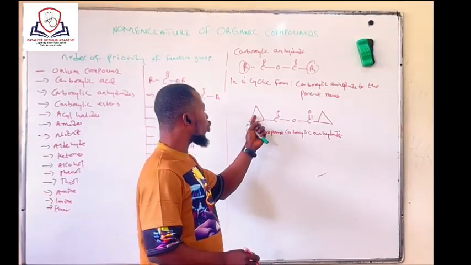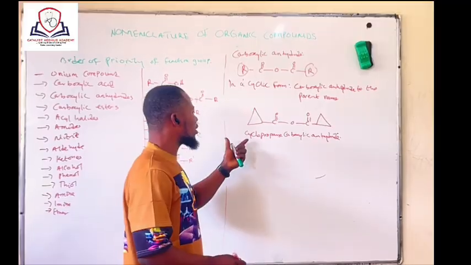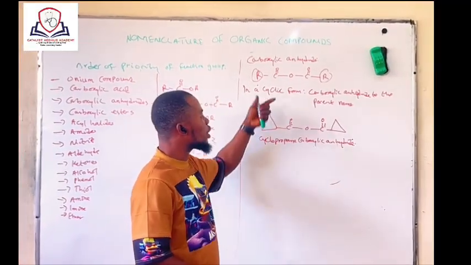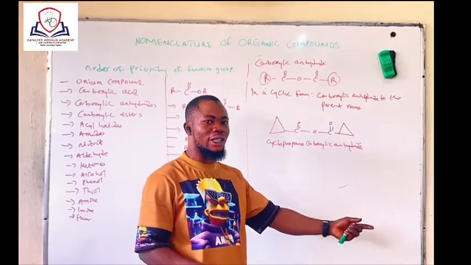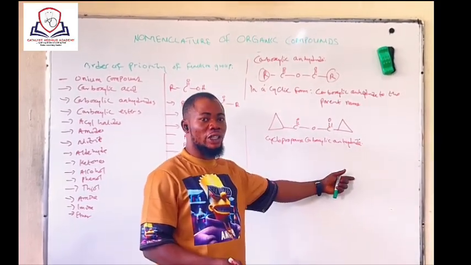You see, since it is occurring in a cyclic form, we bring carboxylic anhydride, not cyclopropane anhydride. It is only when they are in a straight chain that you just add anhydride directly. But once they occur in the cyclic form, you add carboxylic anhydride.